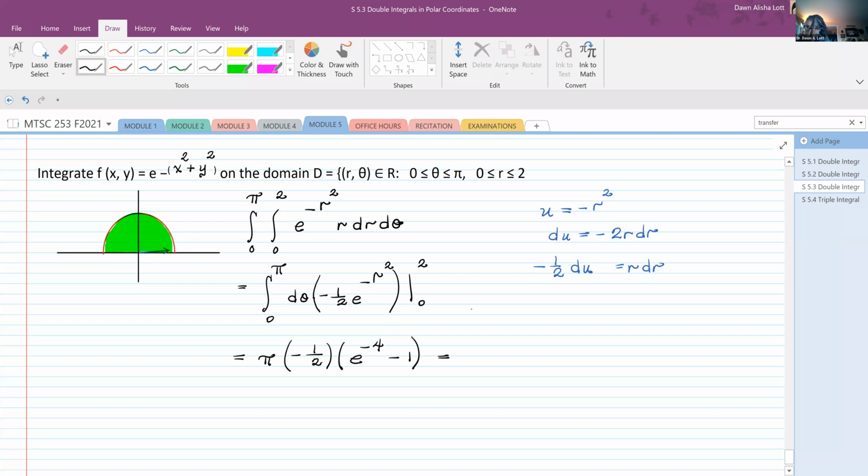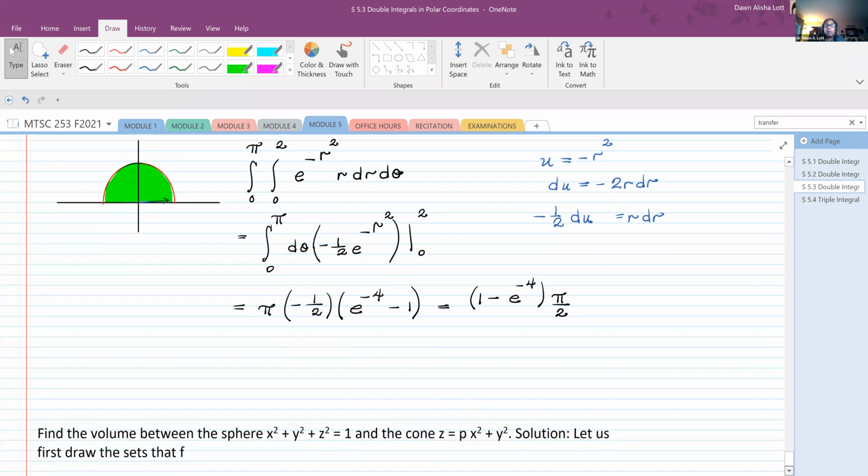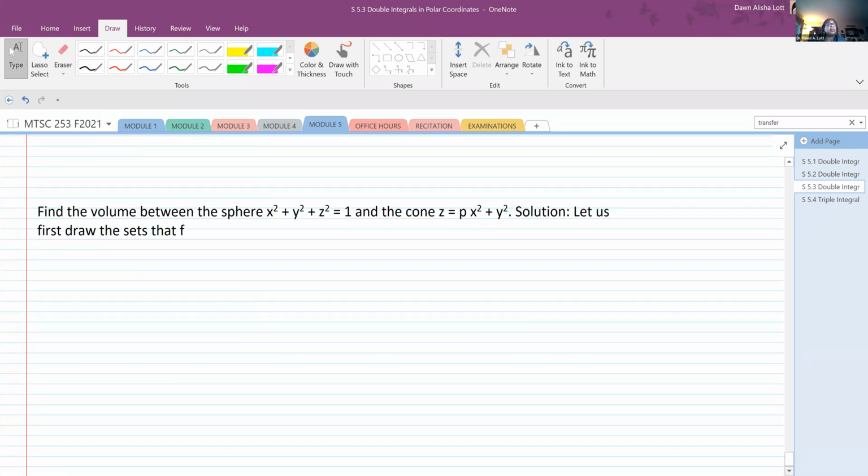So I get 1 minus e to the negative 4 times pi over 2. All right, and then the last problem.